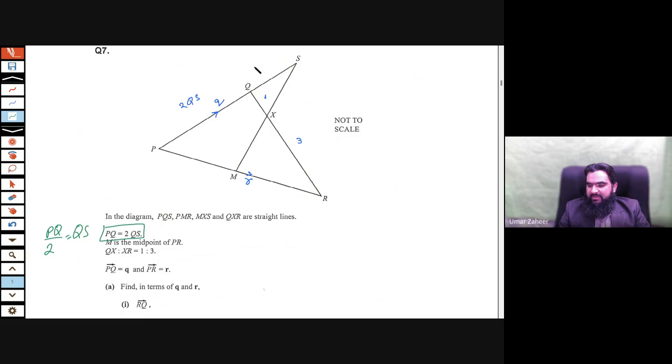So Q to S will be q over 2. In the same way, P to R is r, and M is the midpoint, so from P to M it is r by 2. From M to R it is r by 2 as well. He says find in terms of q and r, RQ. So we have to find the vector R to Q.